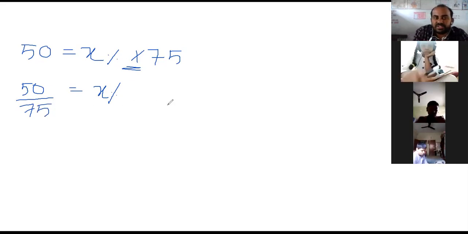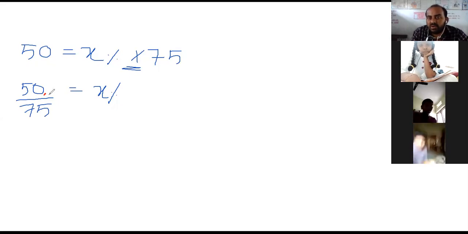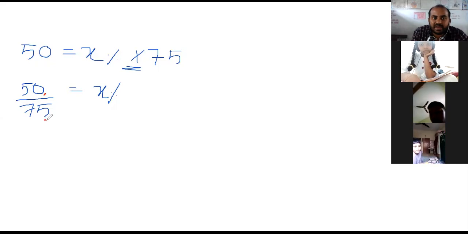Then we know the simplest form, how to write the simplest form of this. Now the numerator ends with 0. 0 means an even number. An even number will go in the 2 table and 5 table. When the number ends with a 0, that number will go in the 2 table and 5 table, right? Then go for the denominator. Here 5 is there.